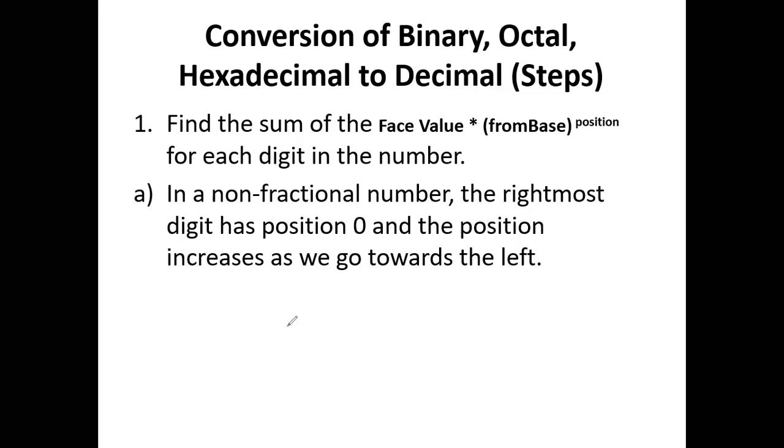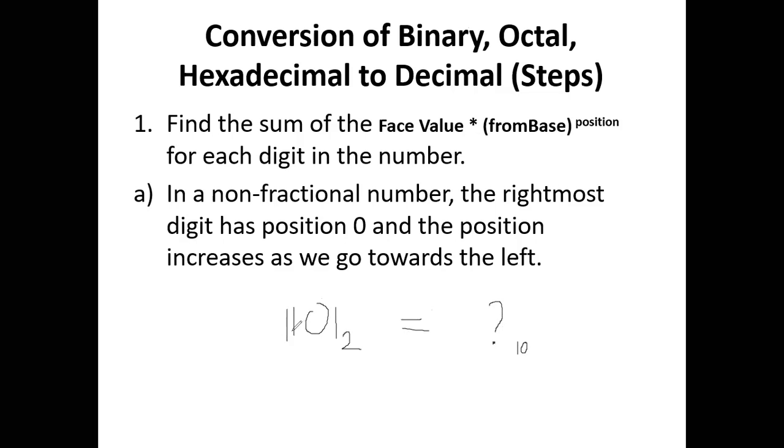Just to picture what I'm trying to say, let's suppose you have a number like this one, 1101 in base 2, and you want to convert this number to base 10. I've put a question mark, we don't know what that number will be.